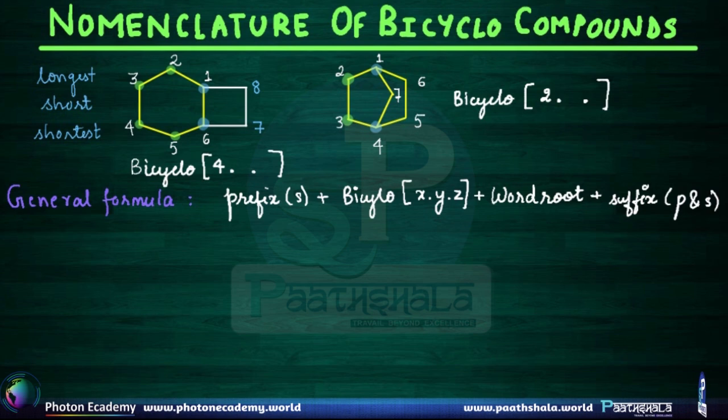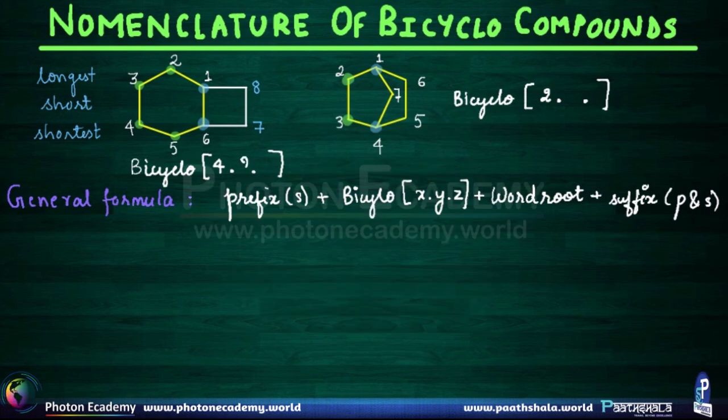Now let's come to Y. Y represents the number of carbon atoms in the short path. There are 2 carbon atoms in our short path, so your Y will be 2 over here, and for this example also there are 2 carbon atoms in your short path. So 2 will be written over here. Y is 2. And Z represents the number of carbon atoms in your shortest path.